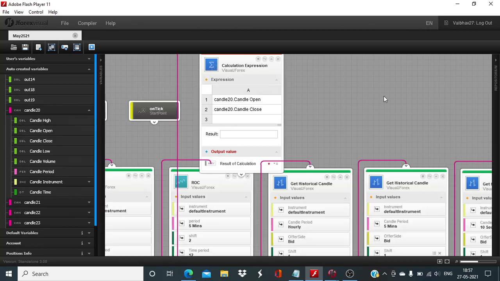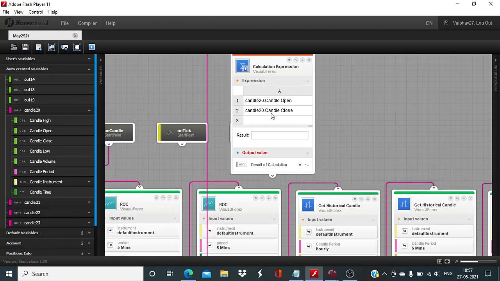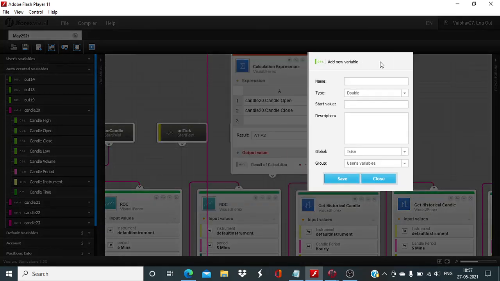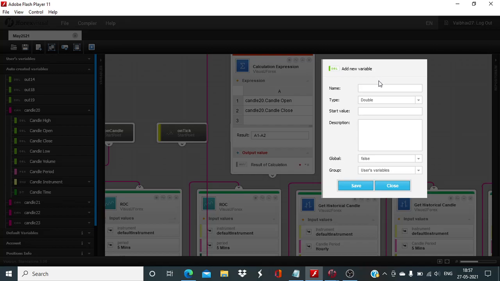So here we will deduct the candle 20 candle close from candle 20 candle open. A1 minus A2, and this will name it.